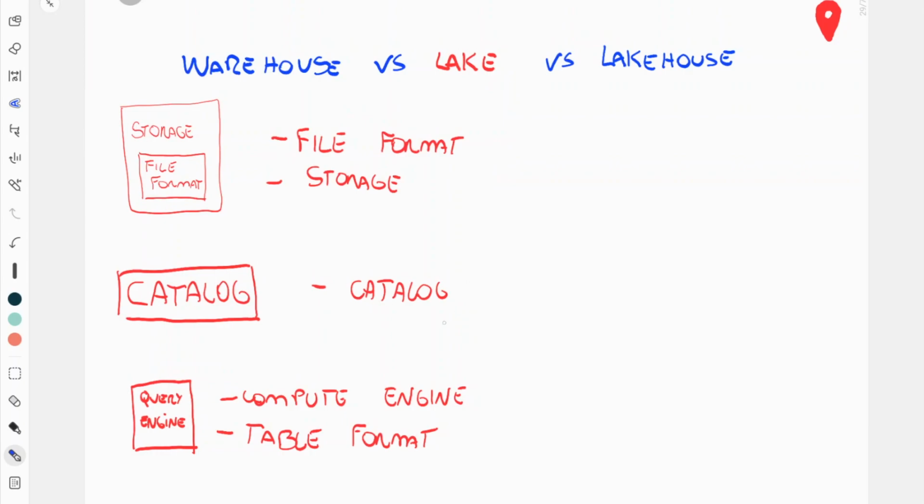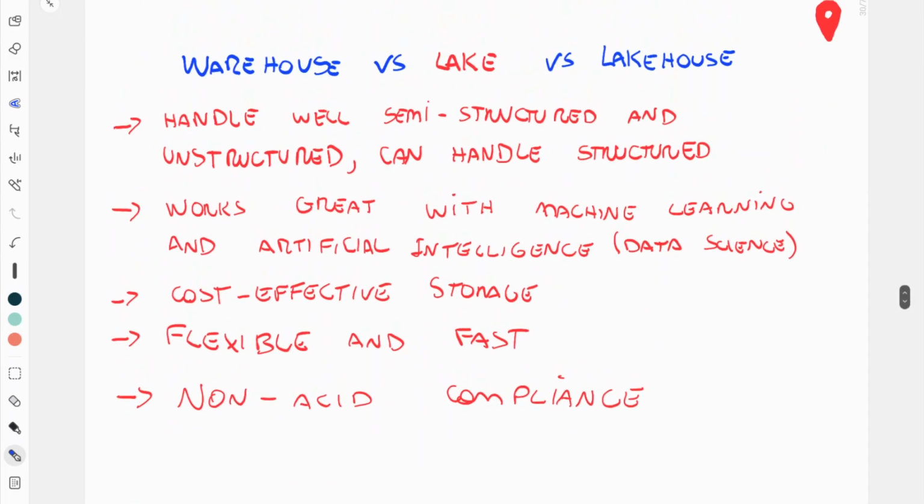You have the catalog as another, and the query engine as a compute engine, and perhaps a table format. It depends on what query engine you're using, but you can see that the data lake is very flexible. I would use this word to describe the main difference between warehouse and data lake. The data lake is way more flexible.